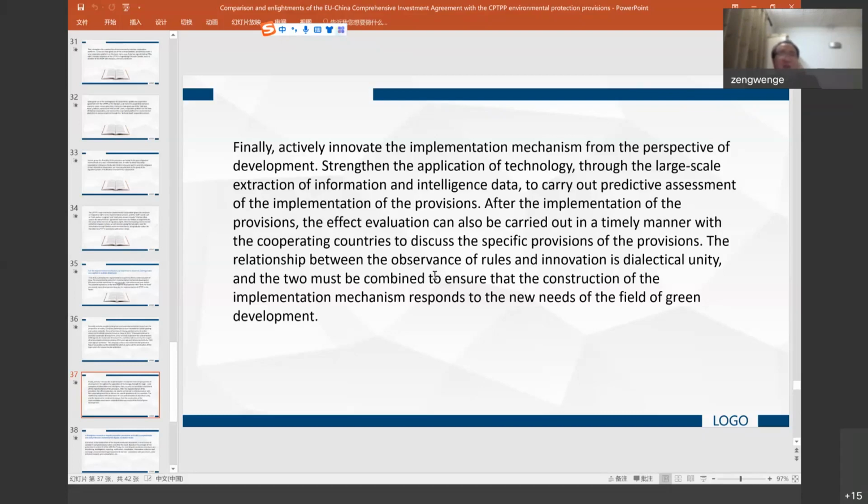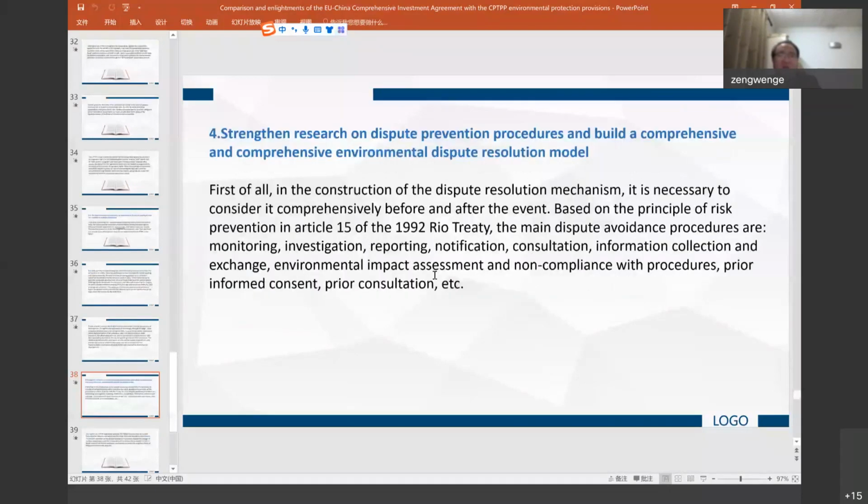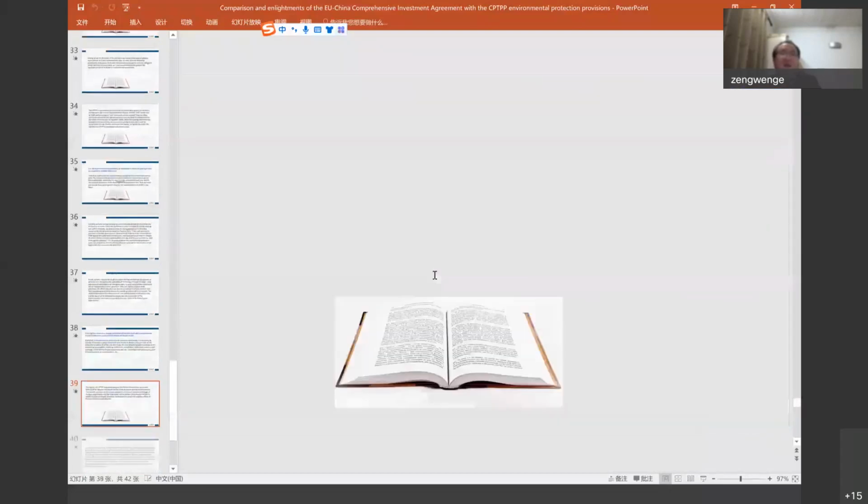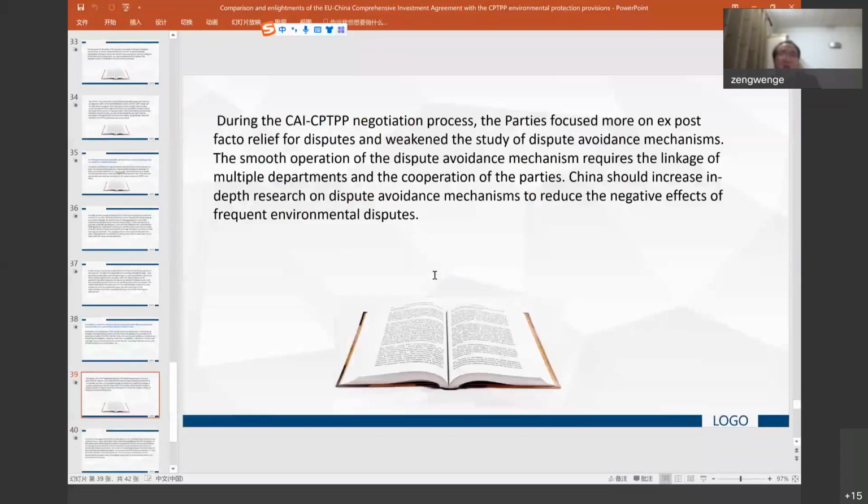The first, strengthen research on dispute provision procedures and build a comprehensive environment dispute resolution model. During the CAI and CPTPP negotiation process, the parties focused on the relief of disputes and weakened study of dispute avoidance. The smooth operation of the dispute avoidance mechanism requires multiple departments and the cooperation of the parties.